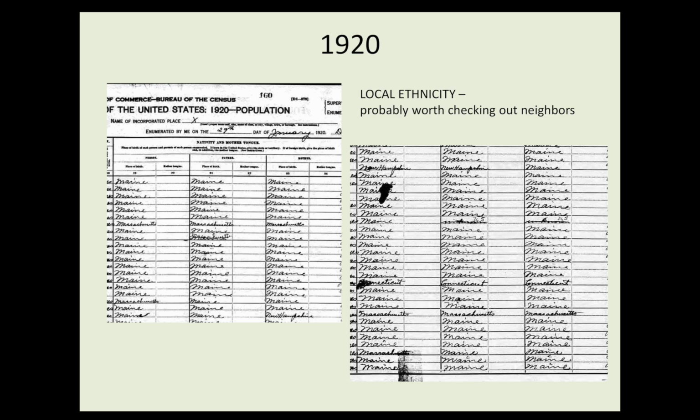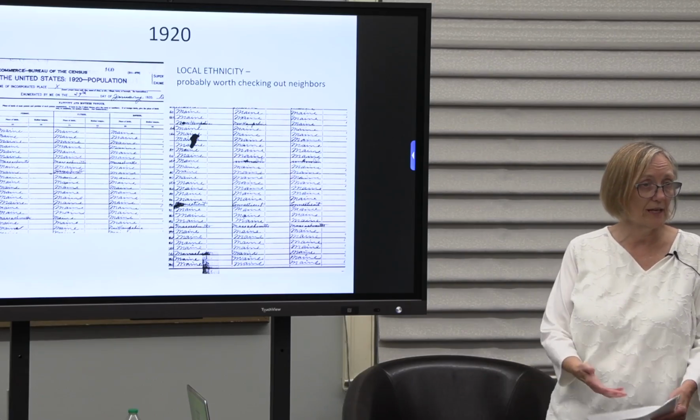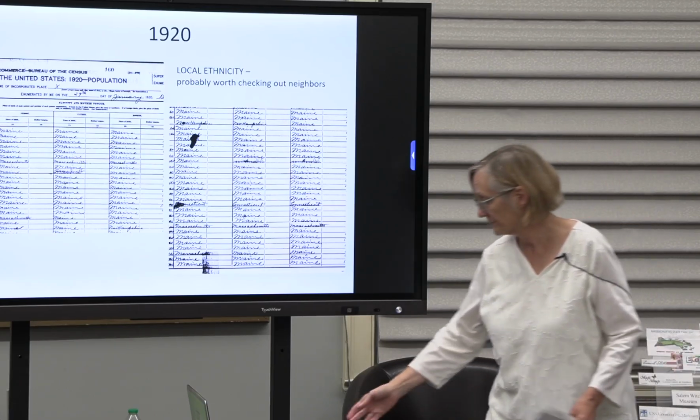Okay, you already know what this neighborhood looks like, right? Bunch of potato farmers. They live in Maine, a couple of them born in Connecticut, Massachusetts, but pretty much they're all local people, right? This can give you an idea, again, of where people came from. Are they in a neighborhood of common people? Do they have common backgrounds?